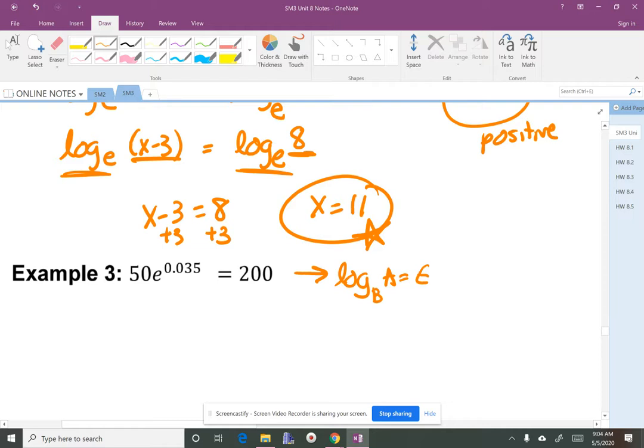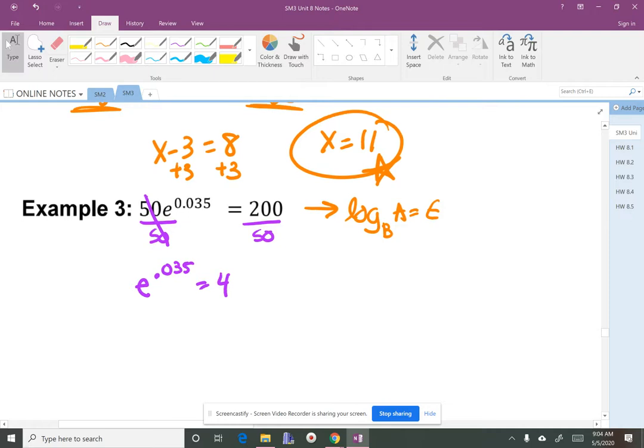This 50 is extra, so I'm going to divide both sides by 50. That cancels there, and I get e to the 0.035x equals 44. Not 4, not 40. 4.